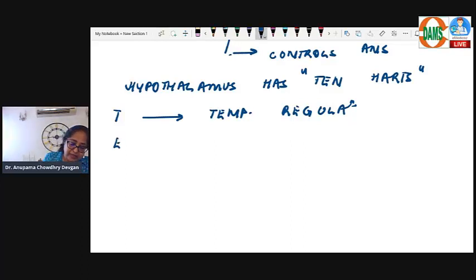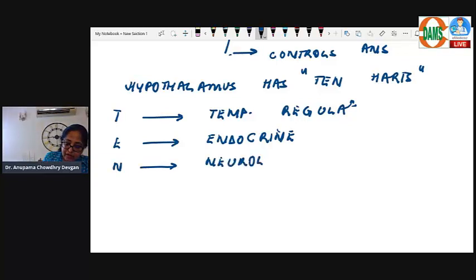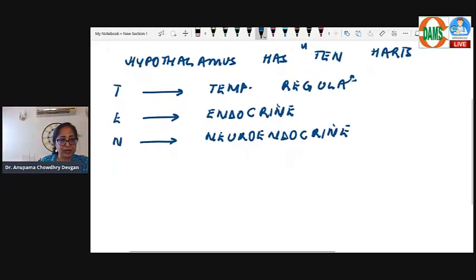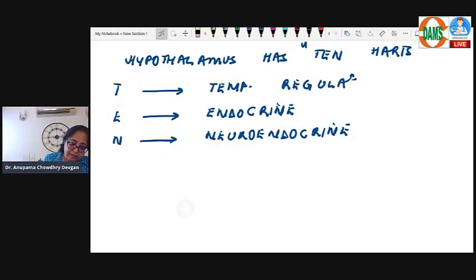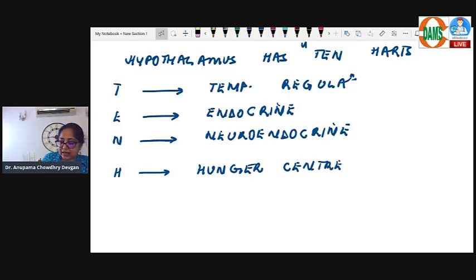Then E is the endocrine function. N stands for neuroendocrine. I'll be elaborating on this. These are the functions of the hypothalamus. T is temperature regulation, E is endocrine, N is neuroendocrine. Then H stands for hunger. The hunger center is located in the hypothalamus.